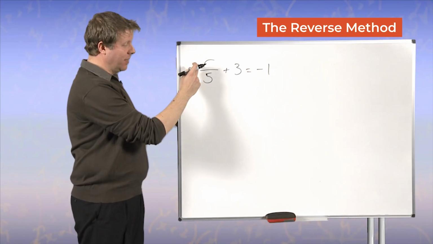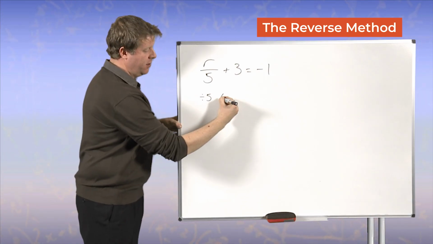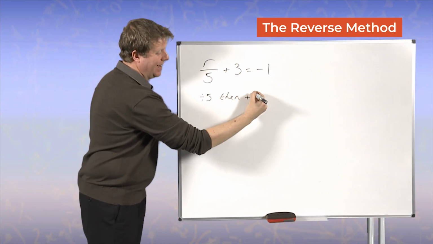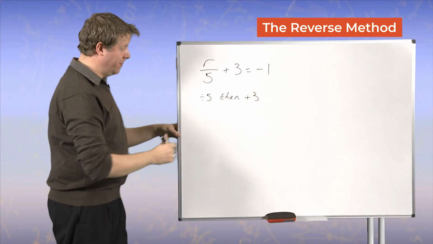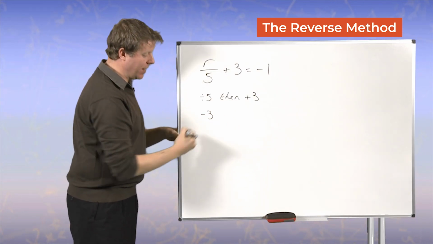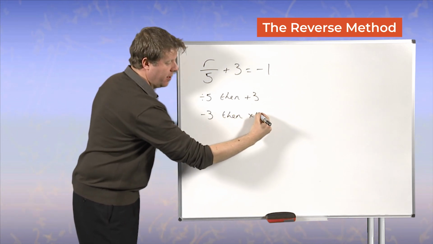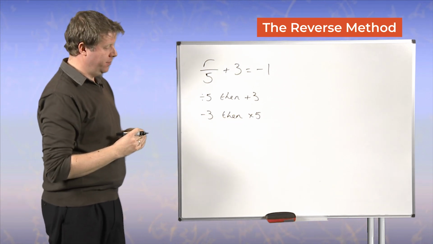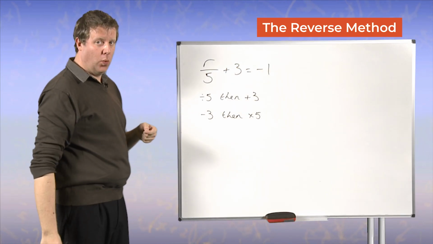So here, what's being done to my letter r is I'm dividing by 5 and then I'm adding 3. So if I perform the reverse of that, well, I'm going to subtract 3 and then multiply by 5. And I perform this operation on this number here, minus 1.